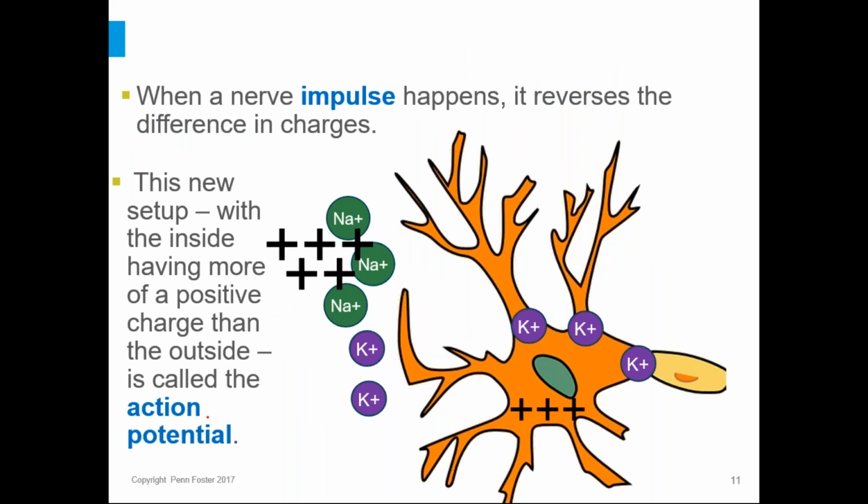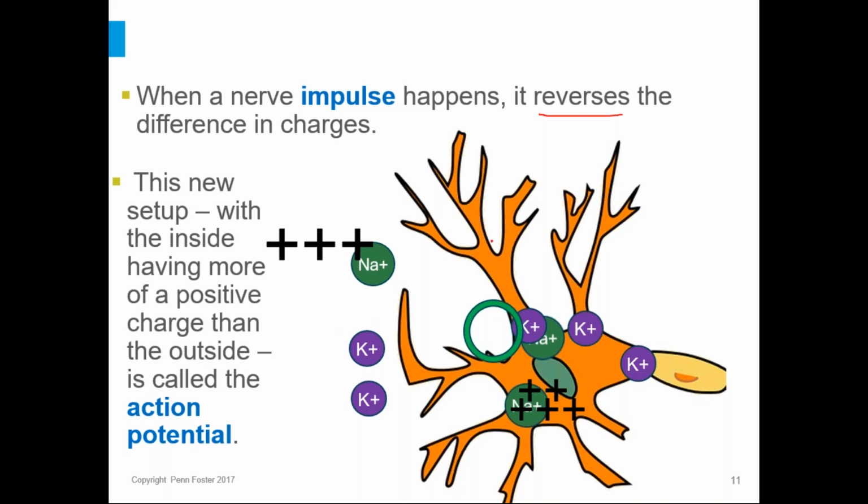When a nerve impulse happens, it reverses that difference in charges. A channel opens up that lets the sodium ions into the cell. This reverses the difference in charges.